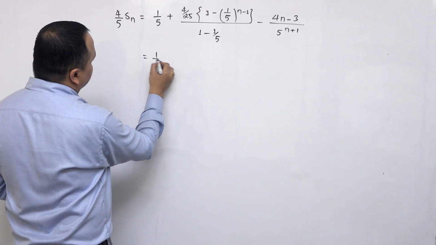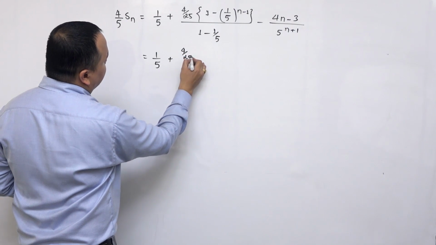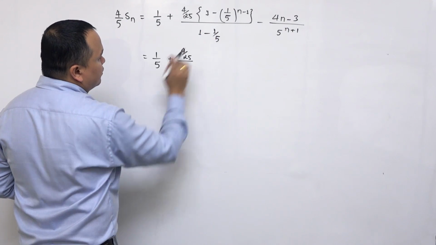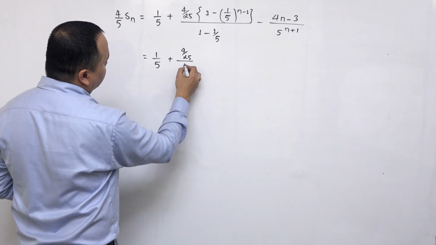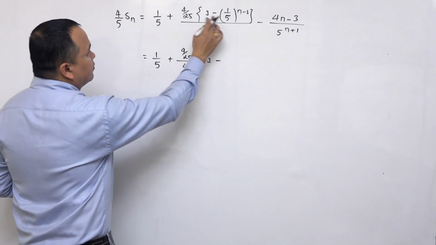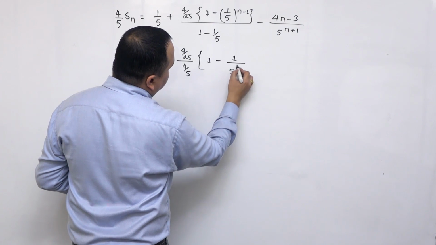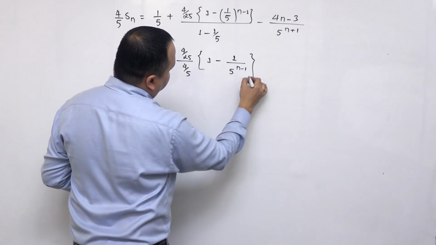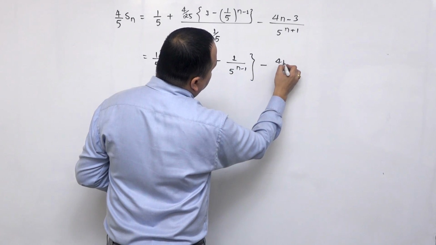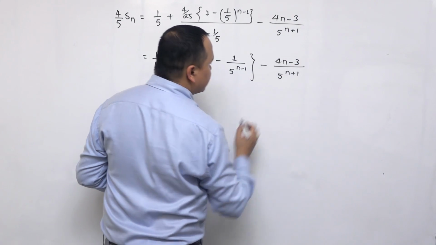This is 1 upon 5 plus 4 upon 25 upon 1 minus 1 upon 5, which is 4 upon 5, 1 minus 1 upon 5 to the power n minus 1 minus 4n minus 3 upon 5 to the power n plus 1.